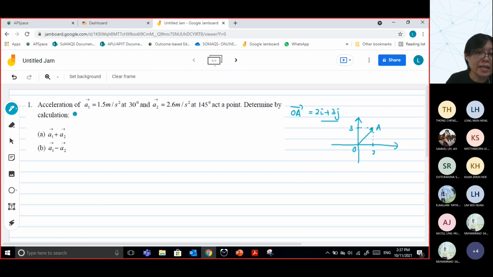Okay. So the acceleration is given as 1.5 meter per second square, and they give you the angle. Okay, they are not giving you the vector in this form. Then A2 is in this form, 145 degree.